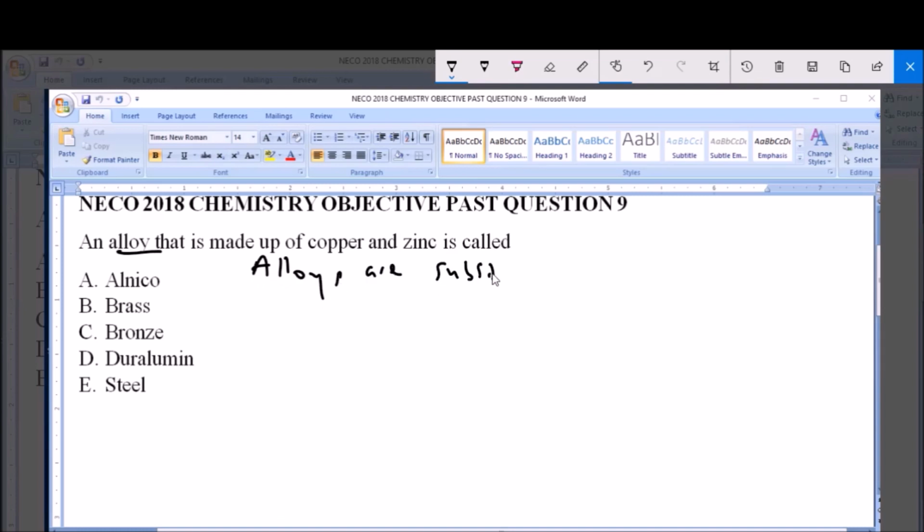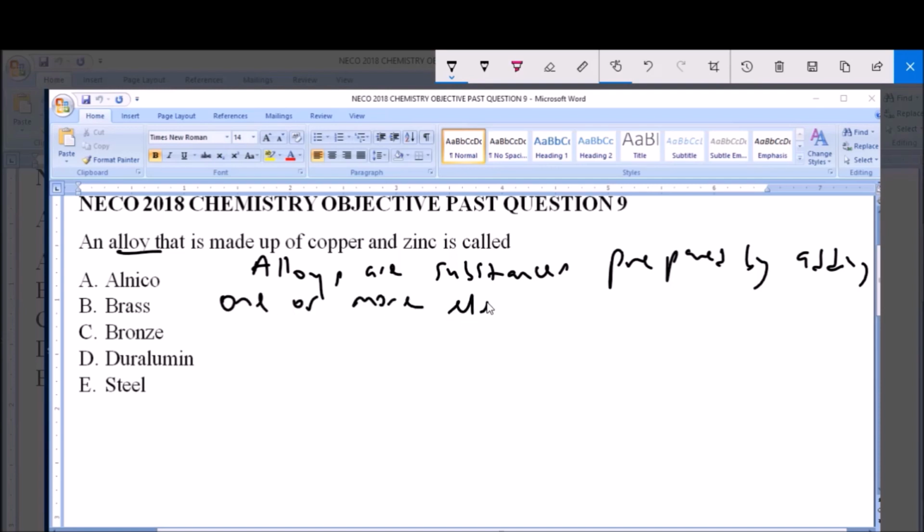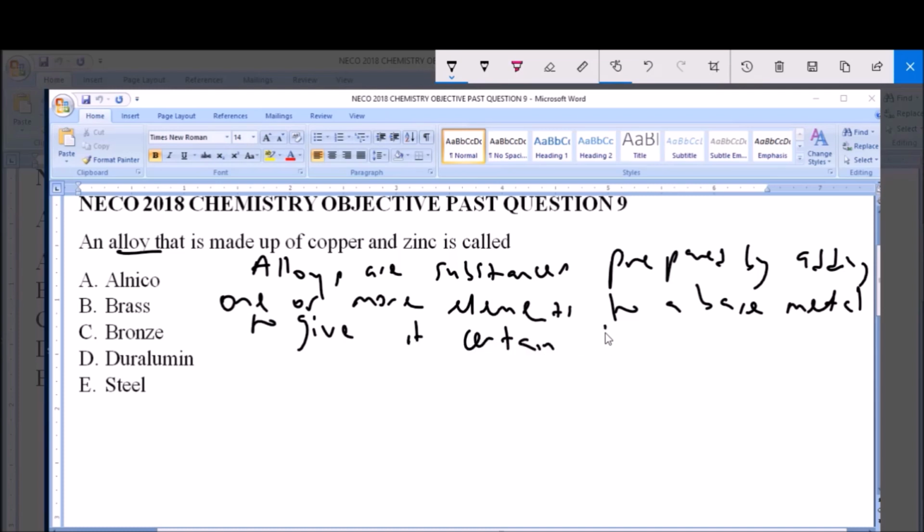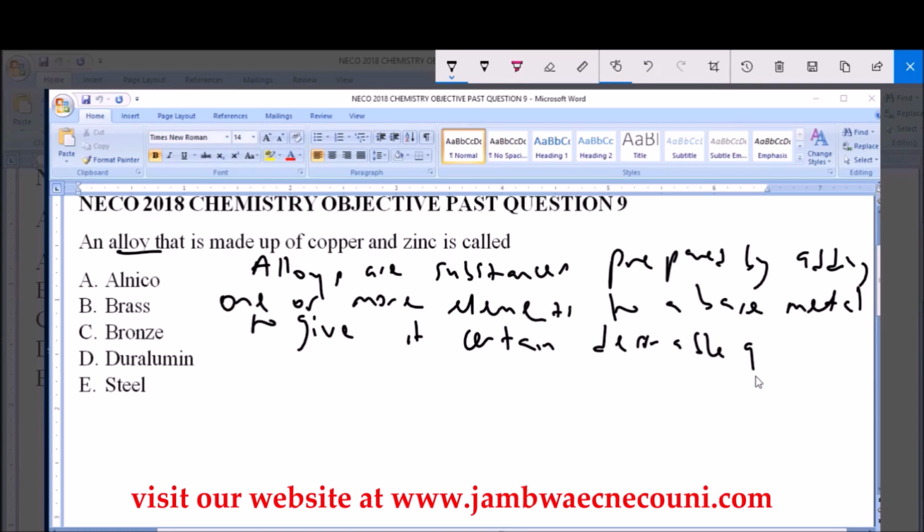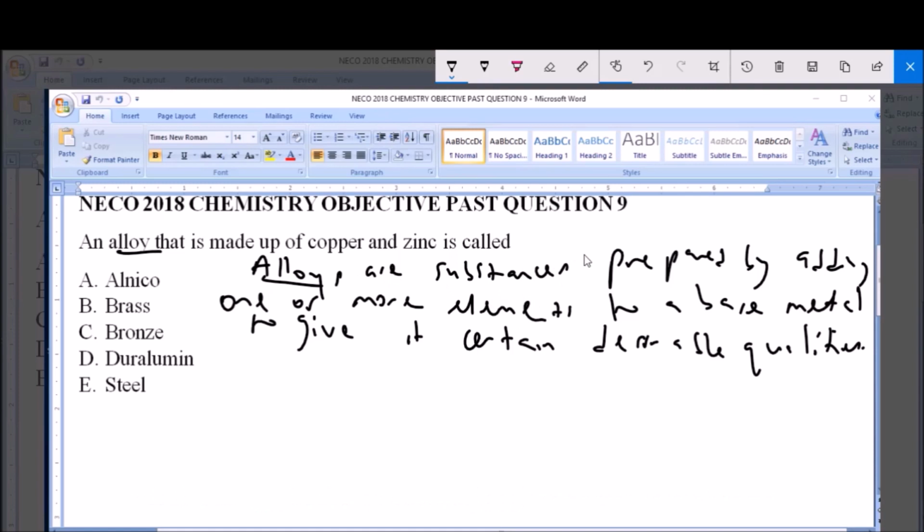are substances prepared by adding one or more elements to a base metal to give it certain desirable qualities. So basically, formation of alloys involves mixing or adding one element to a base metal, to a metallic element, to give it some certain desirable qualities or characteristics.